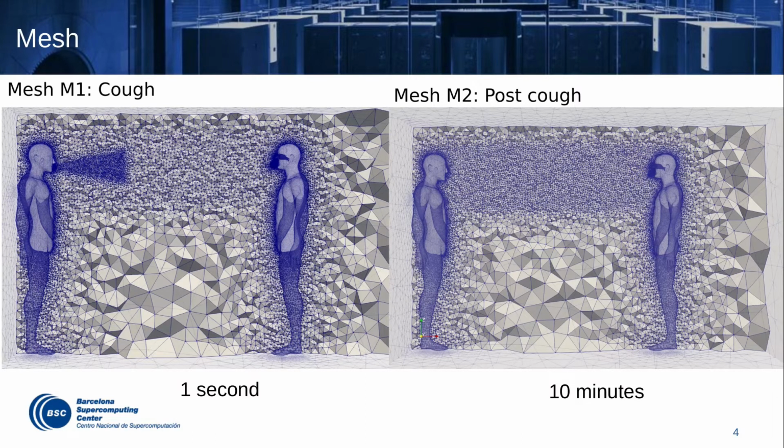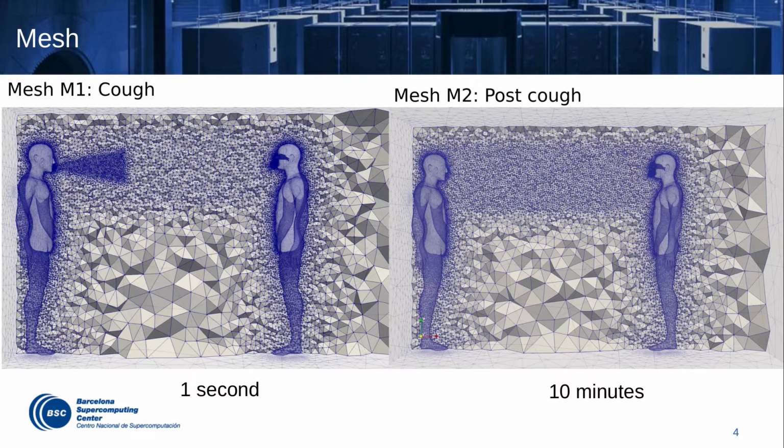Let's notice that without a cone refinement, the mesh M2 allows a larger time step, making the simulation of 10 minutes feasible. So to sum up, the workflow here is a simulation of the cough during 1 second with the mesh M1. Then we interpolate the fluid and the particle data into the mesh M2 to continue the post-cough simulation during 10 minutes.